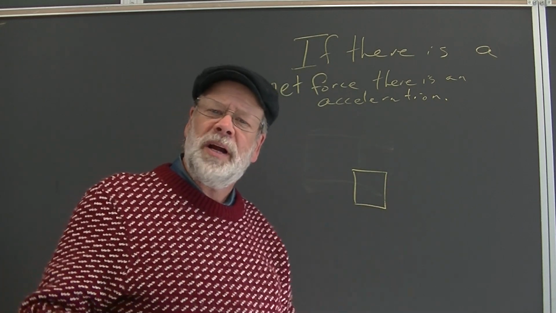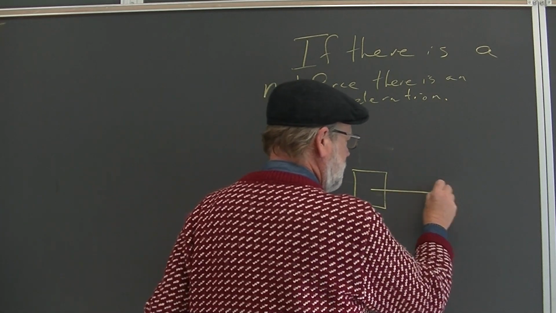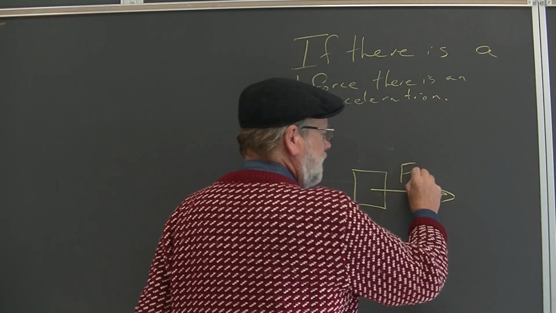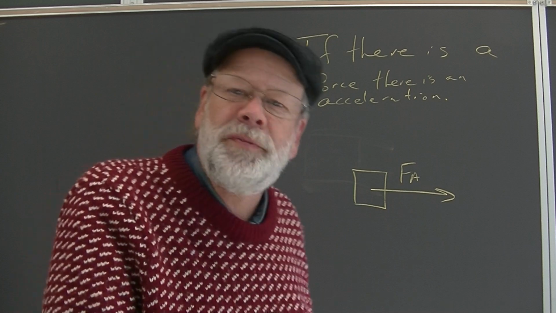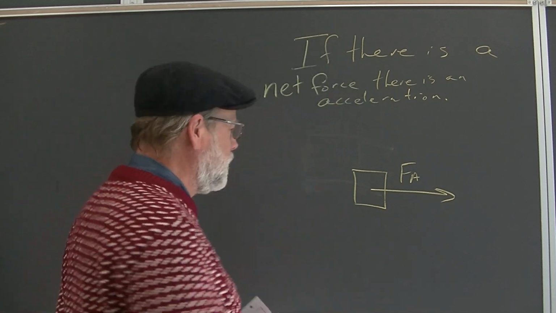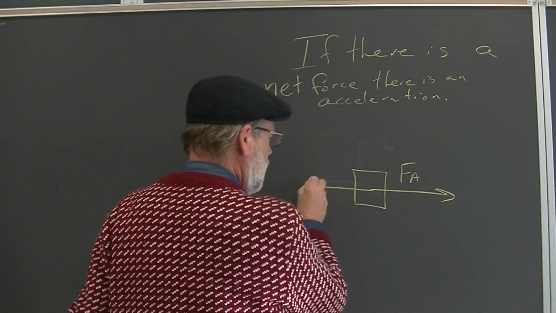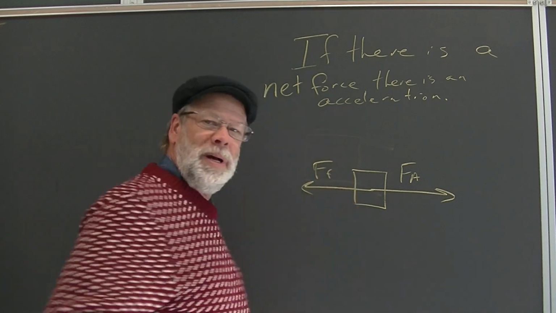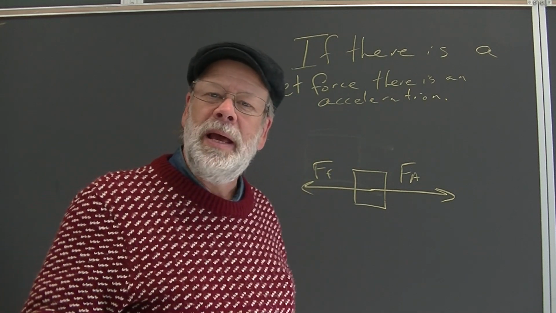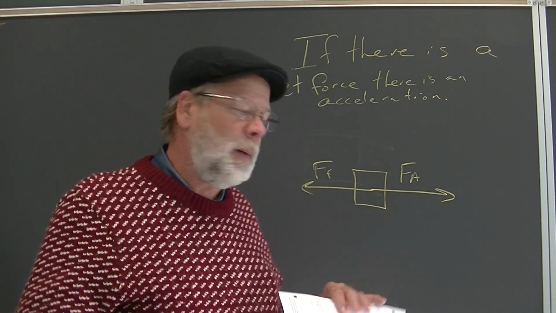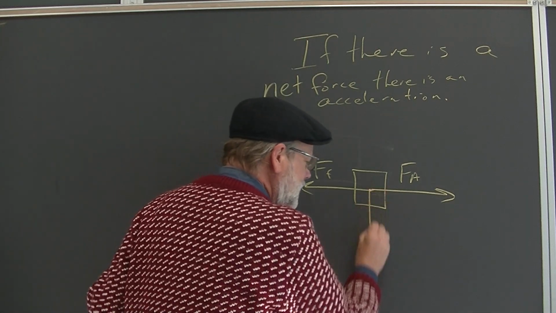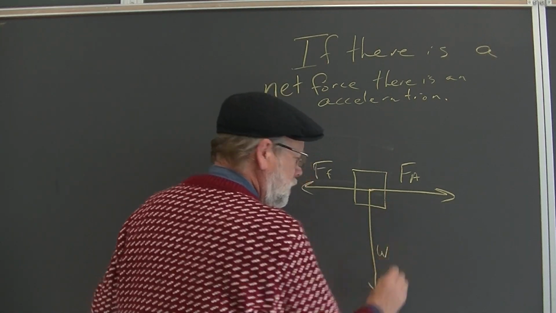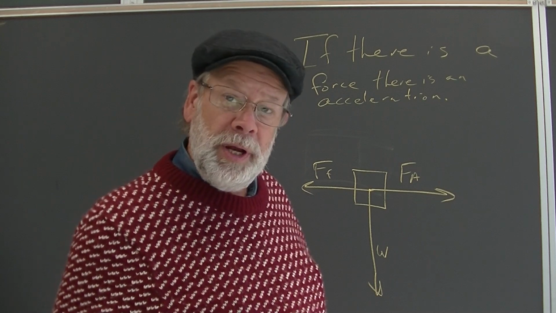So an object moving at constant velocity, let's think about that. If we have an applied force here, what's the force of friction? Force of friction must be equal and opposite, exactly equal and opposite. If we have a weight pulling it down, well, what's the force pushing up?